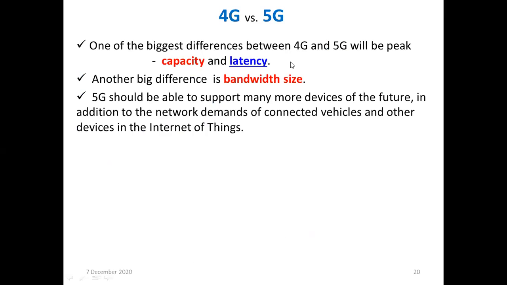You can say the main difference for the user lies in what is called latency. Capacity is anyway increased, but the problem with 4G was not the capacity. The main advantage of 5G is the latency. You may ask a question, why? What is this latency? It has a lot of importance.